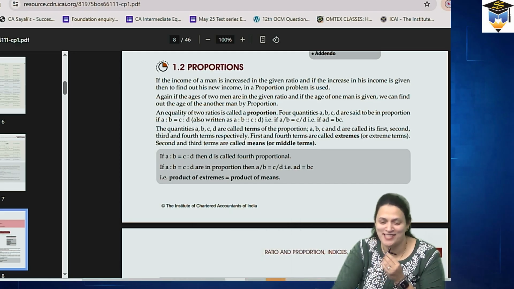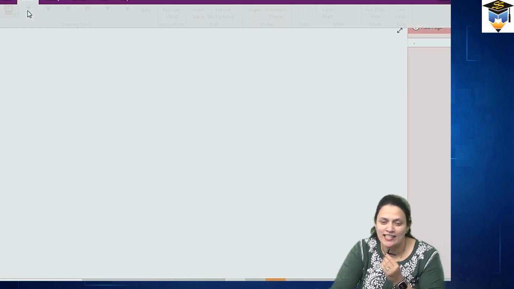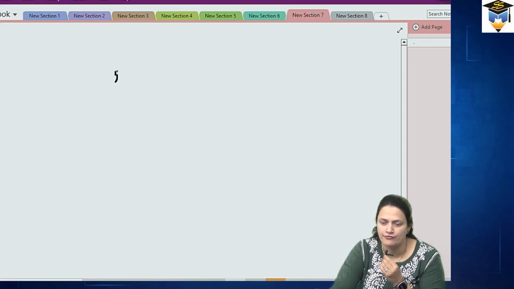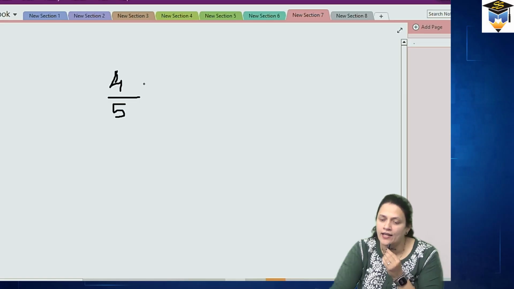In case of ratio, let's take an example. Suppose the ratio of number of girls to number of boys is given as 4:5. And let's say another ratio, number of girls we don't know, and the number of boys is given to us as 10.